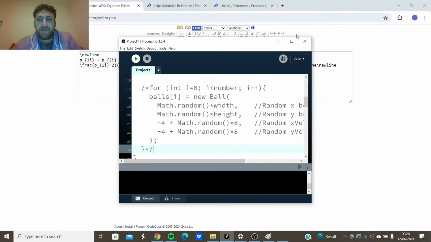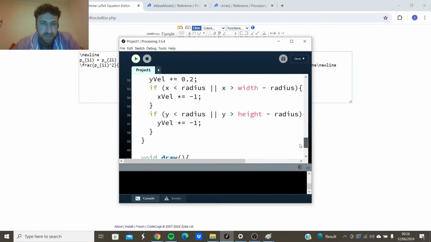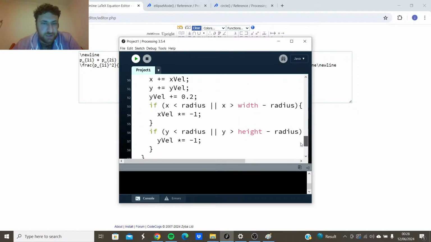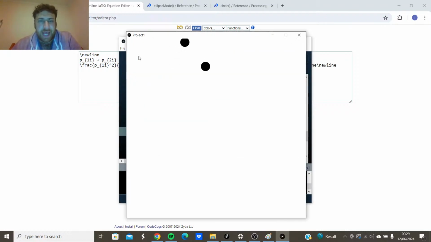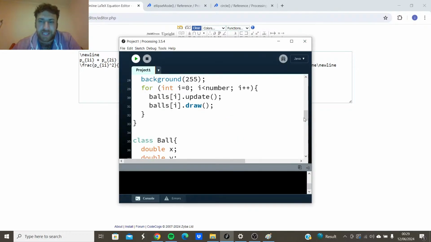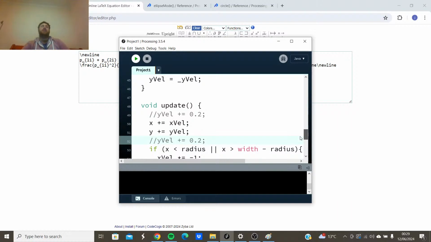I forgot about gravity. We are not going to be needing gravity for the time being. So in order to get rid of that, we are going to be commenting out these two lines that change the y velocity. Right, and we also don't want things moving in the y direction because we're only doing a one-dimensional collision for the time being.